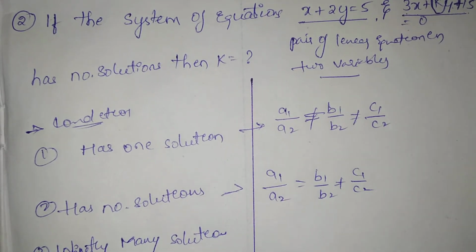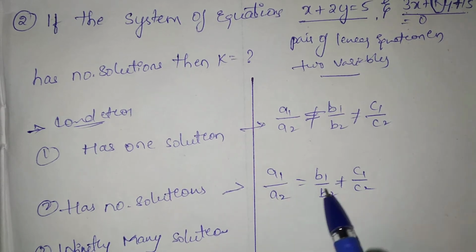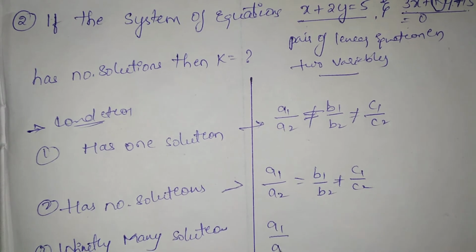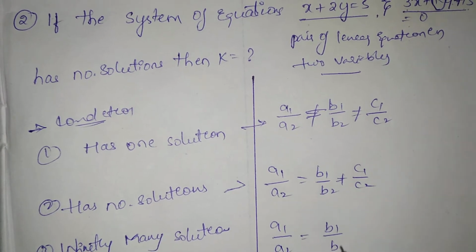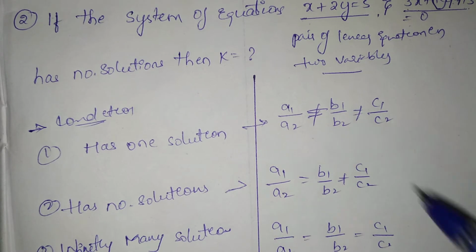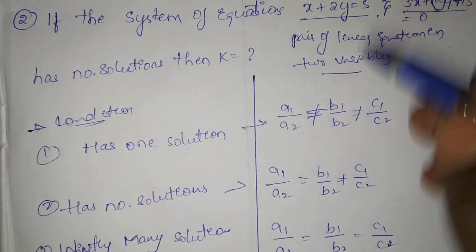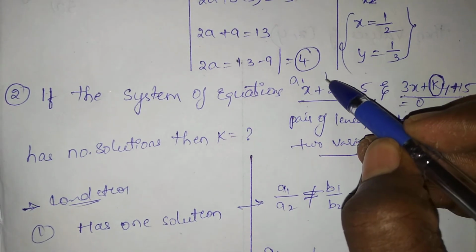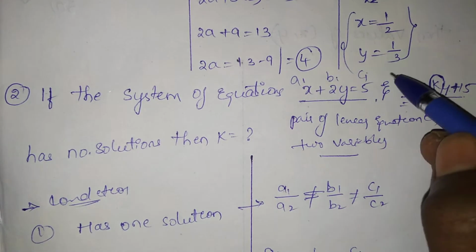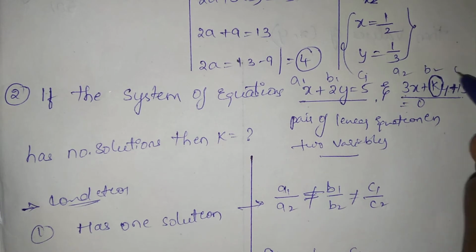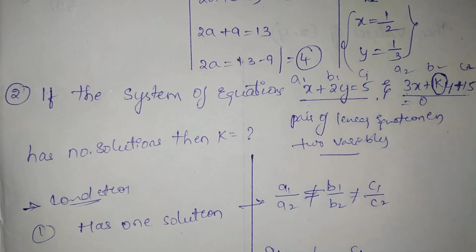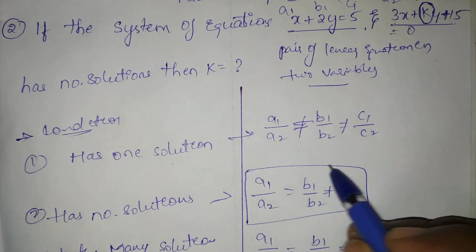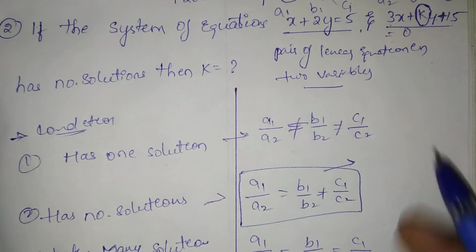For infinitely many solutions, all the coefficients of the x and y values are equal. a1 by a2 is equal to b1 by b2 is equal to c1 by c2. Here, a1, b1 and c1 and a2, b2 and c2 are from the respective equations. For having no solutions, we have to consider this formula and substitute in the respective values.